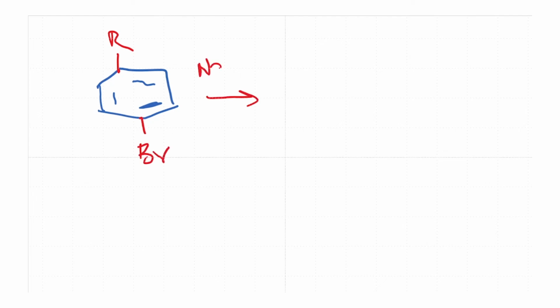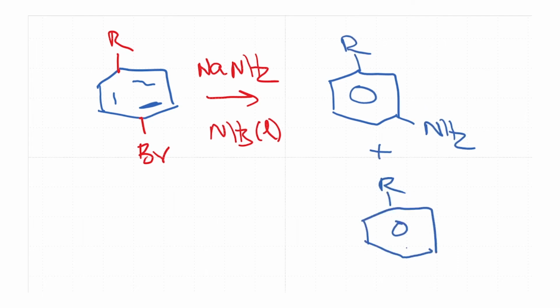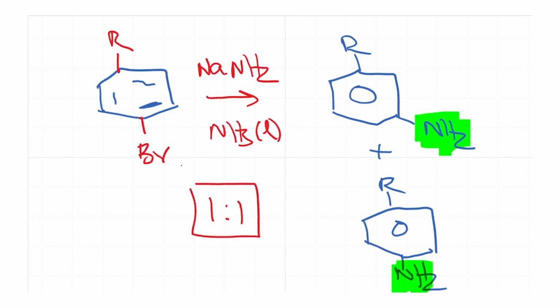Now when you react it with NaNH2 in ammonia, the product that you get is actually a 1:1 mixture of these two compounds. That is, the 3 position as well as the 4 position are going to give you approximately 50% yield. 1:1 is the product ratio.